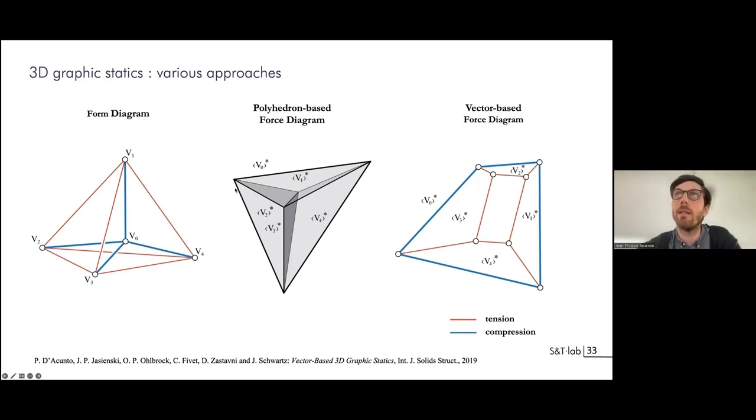In this case, in the vector-based diagram, one element here, okay, like this compression bar, corresponds to one or two elements in the force diagram. In this case, this is the element, you can see they are parallel, and the intensity of the force is the length of the vector, okay? So there is one big point that we will discuss in detail today, is that these two diagrams, they are interdependent.